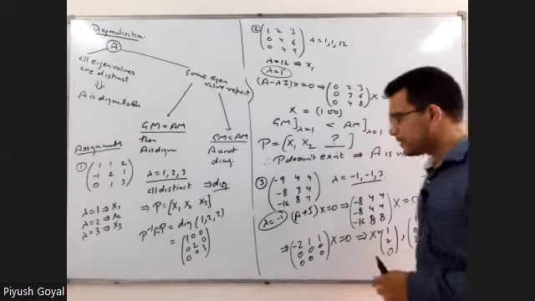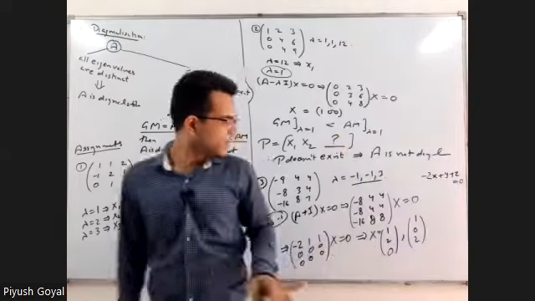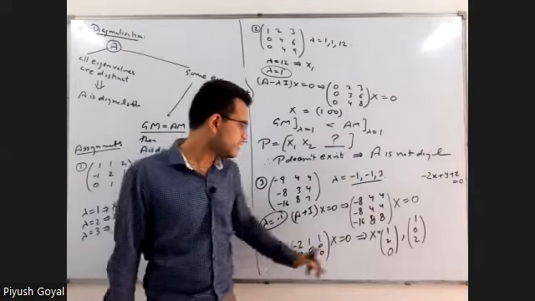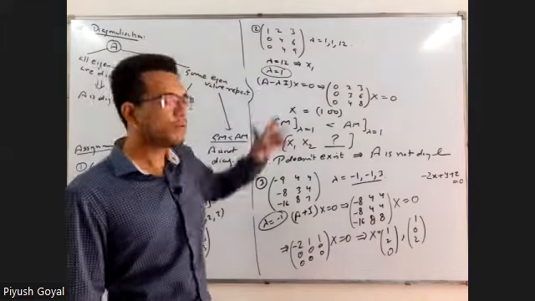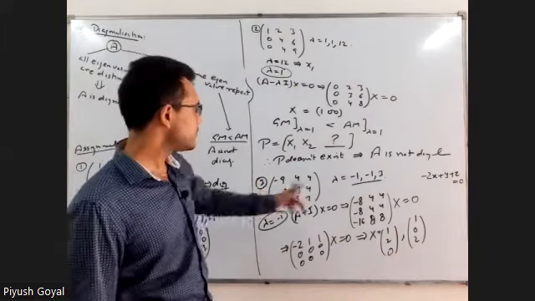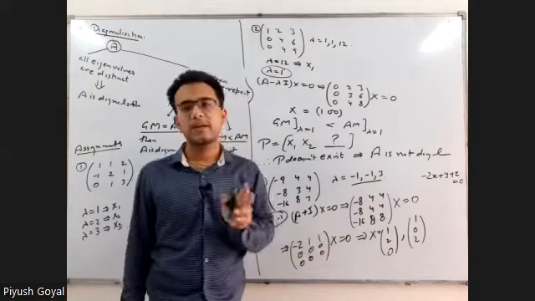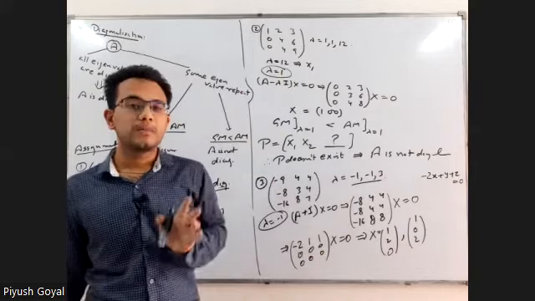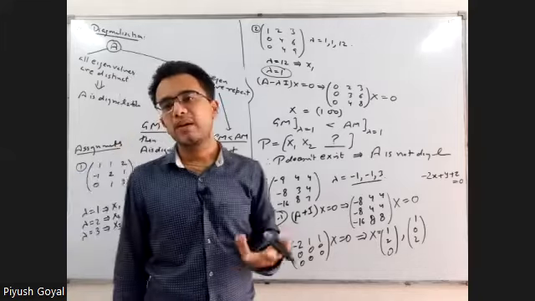So lambda equal to minus 1 gives two eigenvectors, and lambda equal to 3 will also give one eigenvector. Therefore capital P will be formed, and hence the matrix is diagonalizable.